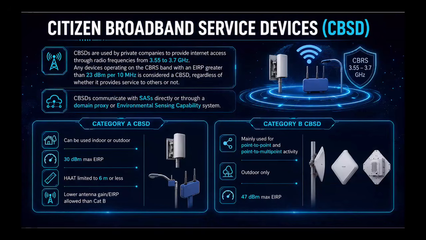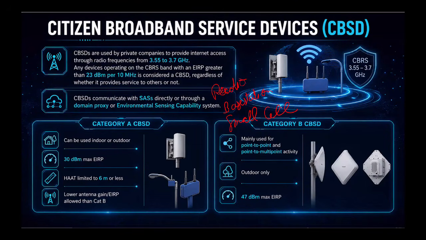Then we have the CBSD, Citizen Broadband Service Devices. A CBSD, or citizen broadband service device, is simply the radio or a base station. It provides wireless coverage in a private LTE or private 5G network. So think of it as a small cell. It connects user devices such as smartphones, laptops, tablets, scanners to the network.